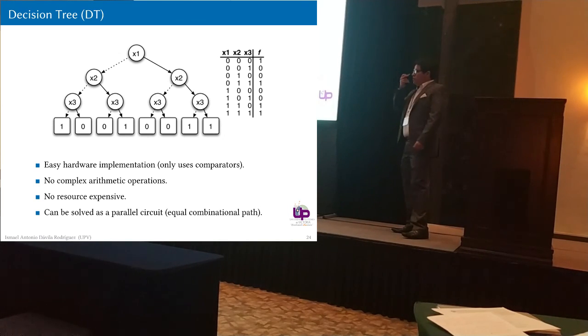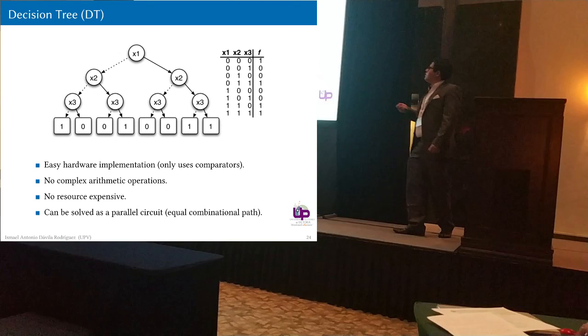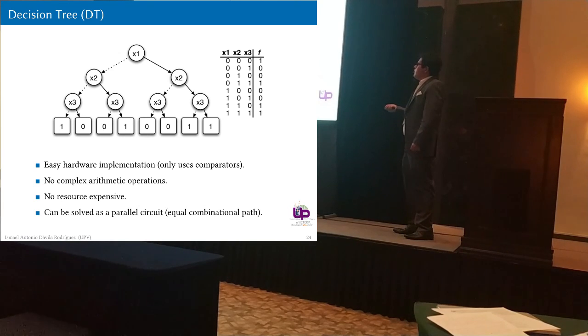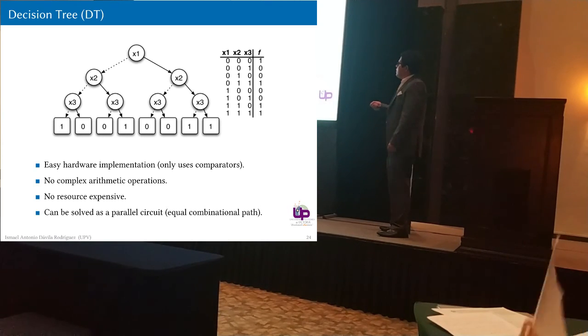So here is a little example of what Fusion 3 is. x1, x2, and x3 are the features. And if you see, the continuous line is an if statement, and the dotted line is an else statement. So we have to build this in hardware.